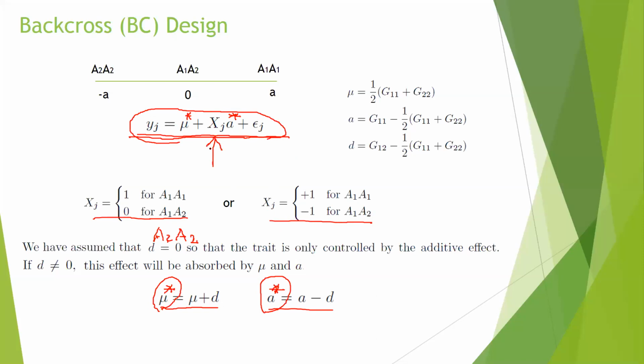One way to define the X is the genotype, the variable that can be used to represent the variation from the genotype at this locus. So one way we can define the xj is using 1 or 0 to represent these two different genotypes.